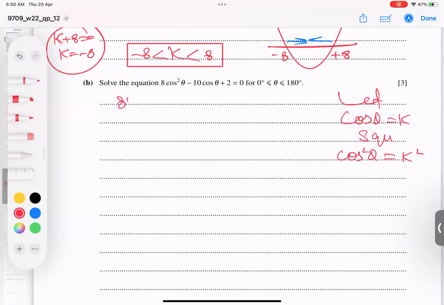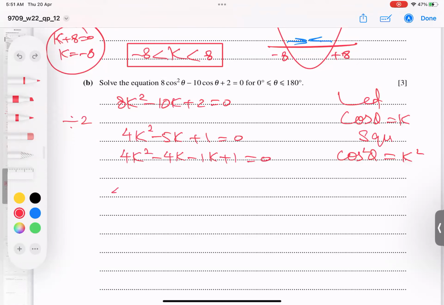So 8k square, and this cos is k, so k comes directly now. After this, we will go for factorization or divide by 2. So factorization is possible: minus 4k and minus 1k plus 1 equals 0.